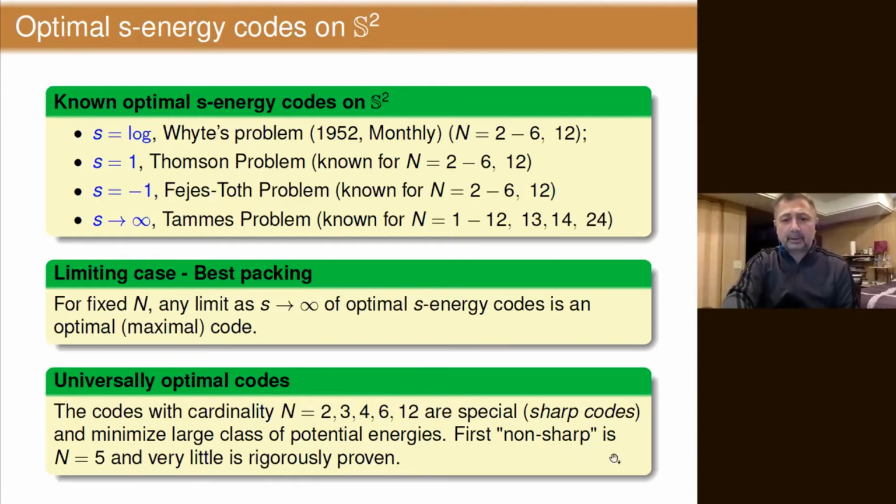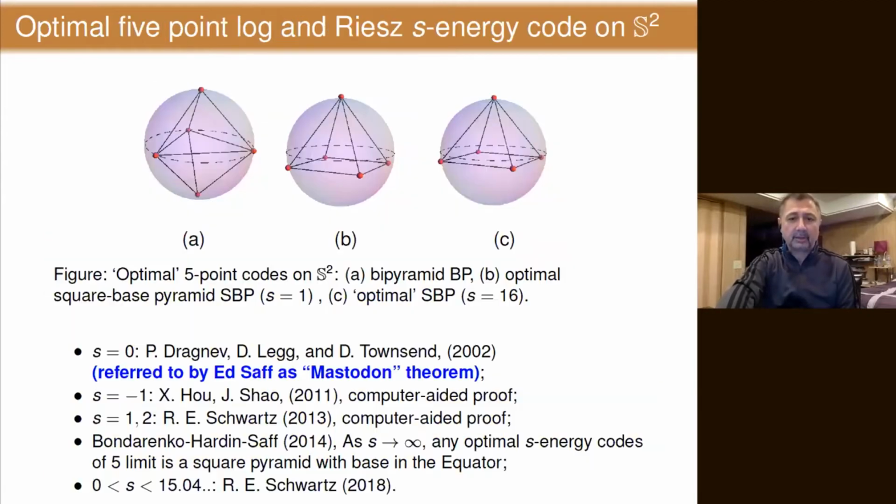And the first non-sharp situation is n equals 5. And there are still plenty of open problems in that first case.